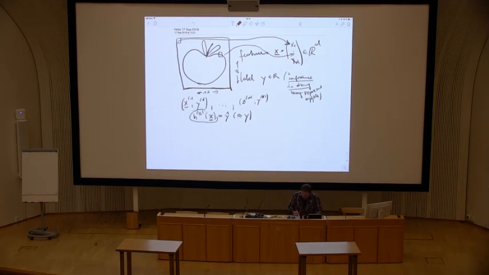How did we find this mapping, or this hypothesis map, or predictor? What was the basic idea? Yes? Gradient descent.